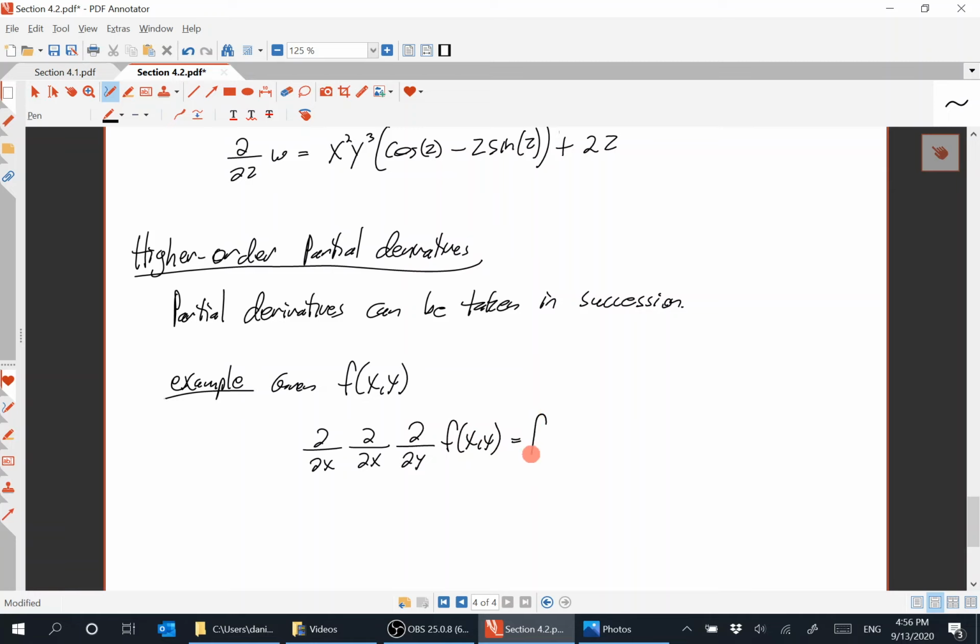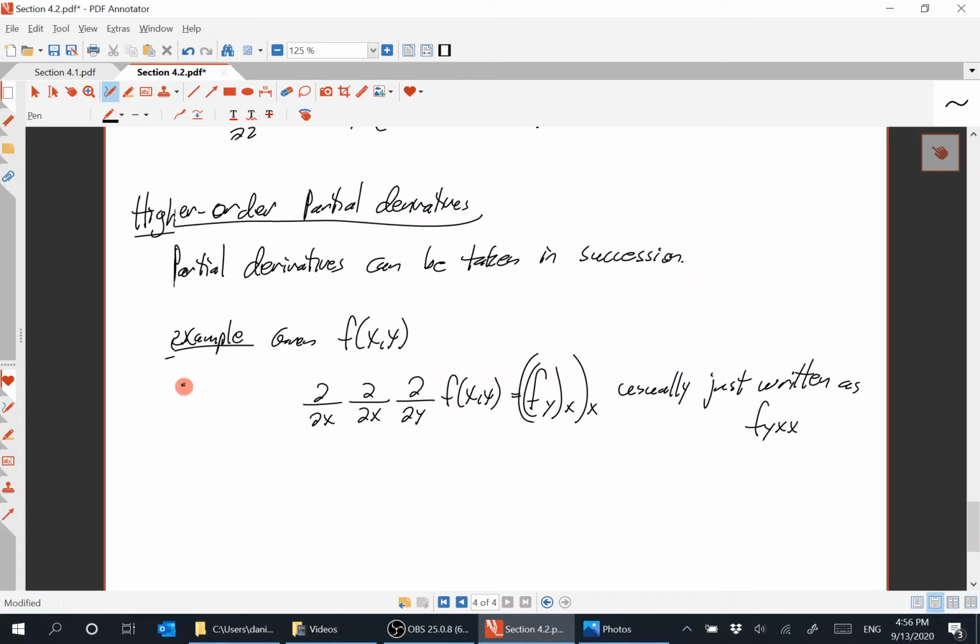So this is the partial derivative of f first with respect to y. So first you take the partial derivative with respect to y. Then what you got left there, you take the partial derivative with respect to x. And then what you got there, you take again the partial derivative with respect to x. And this is usually just written as f_yxx. Right, and you can just keep taking partial derivatives in whatever order that you want.